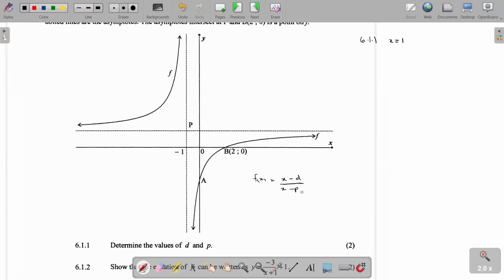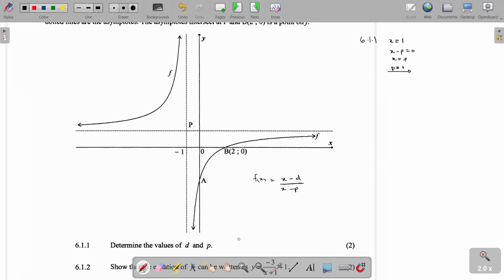Then we can get the equation of the vertical asymptote by equating the denominator to 0. So from the function, it simply means x minus p is equal to 0, x is equal to p. So conclusively, our p is equal to 1.